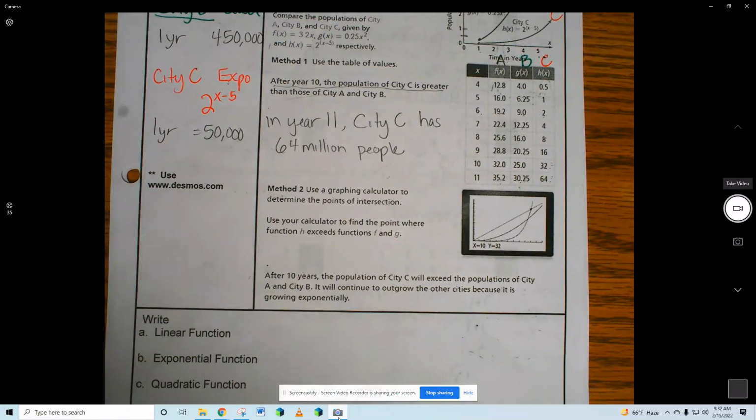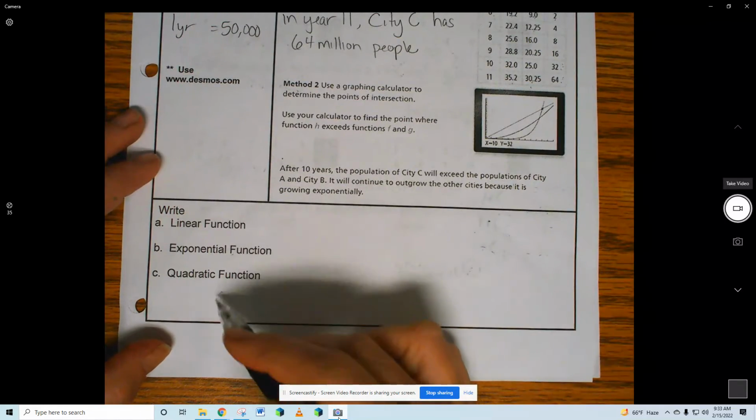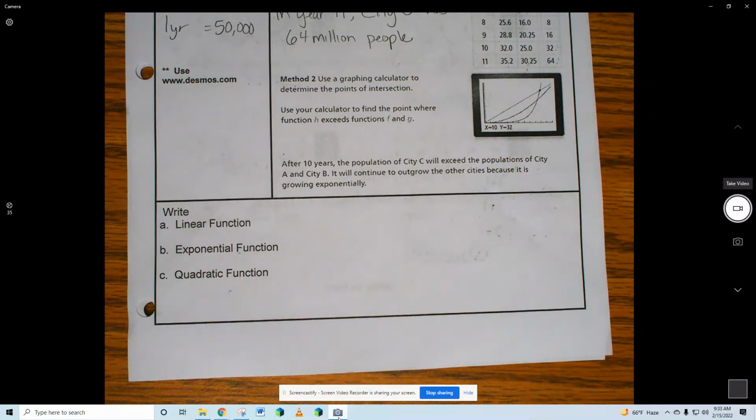So I'm basically going to switch back to my paper. On A, B, and C, I want you guys to write samples of what is a linear function. Use any numbers you want. What is exponential? What is quadratic? So make one up on your own. That's your job right now.